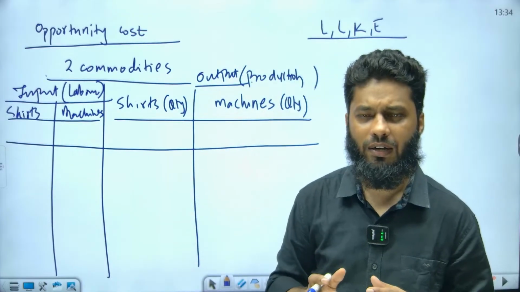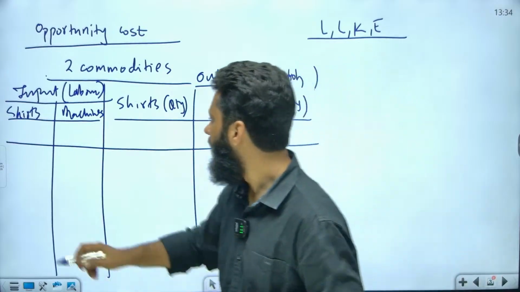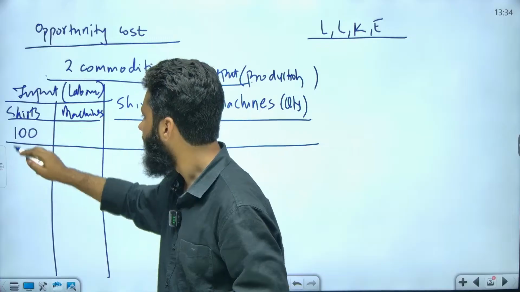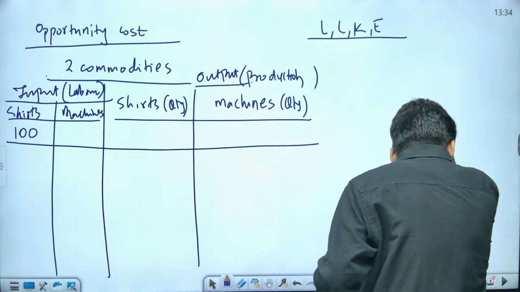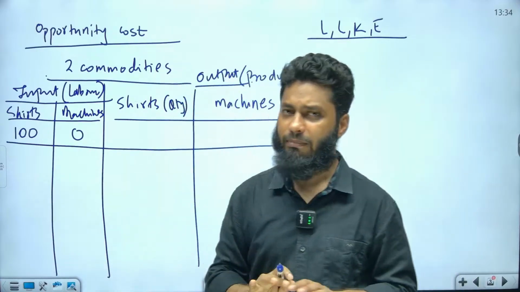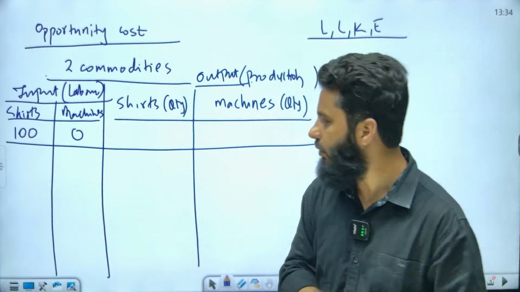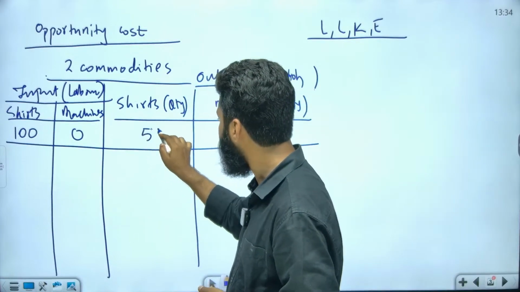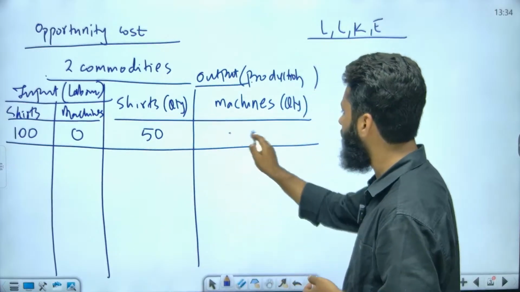Suppose in the initial phase we are manufacturing only shirts and we have dedicated 100 laborers to manufacturing of shirts, and no labor for machines. So we are only producing shirts, and suppose we are able to produce 50 shirts and no machines.